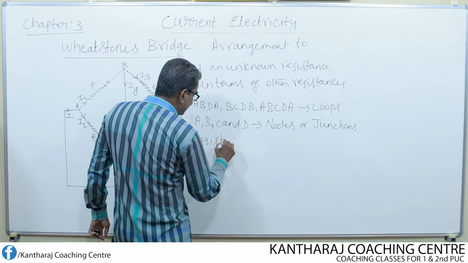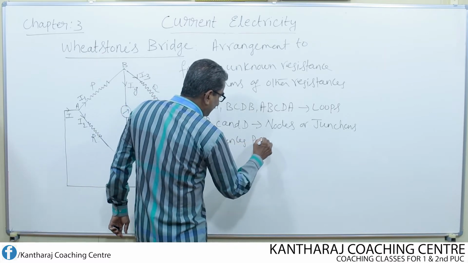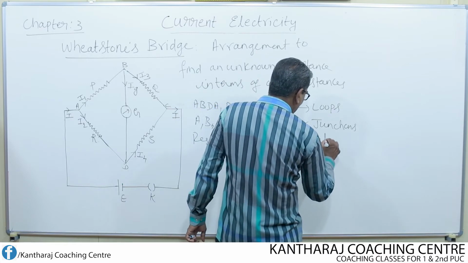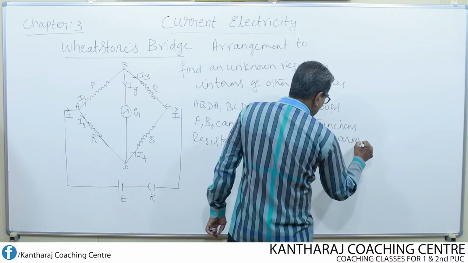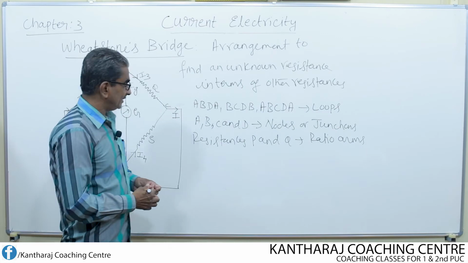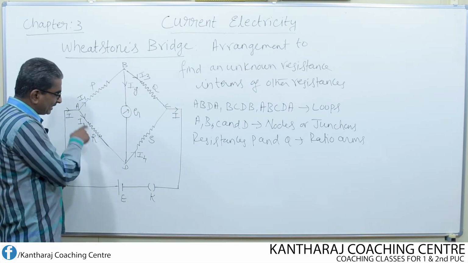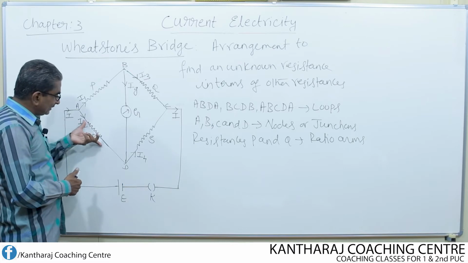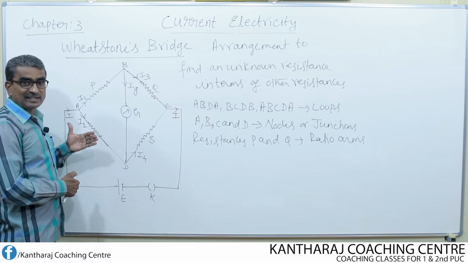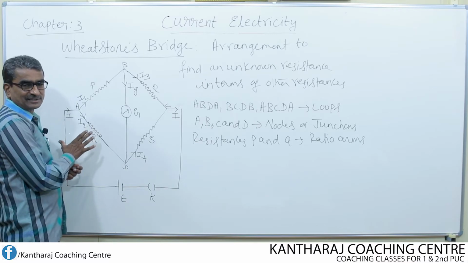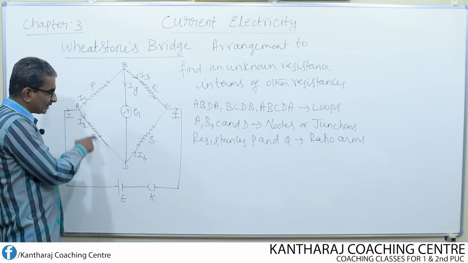So resistances P and Q are nothing but ratio arms. Then what about the resistance R of the branch AD? We call this the standard arm because this is one of the standard resistances, a standard value of resistance we are going to connect here.